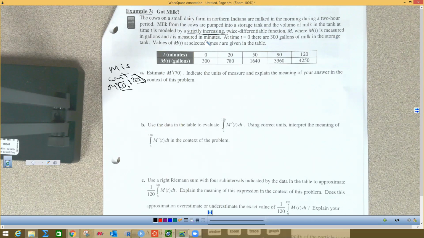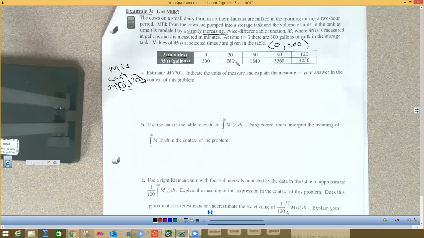Where m of t is measured in gallons and t is measured in minutes, at time t equals 0. So if you notice, this is gallons, this is minutes, and this is regular m up here. 0, 300 is the original amount of milk in the storage container.